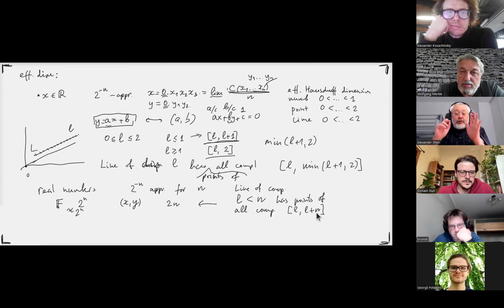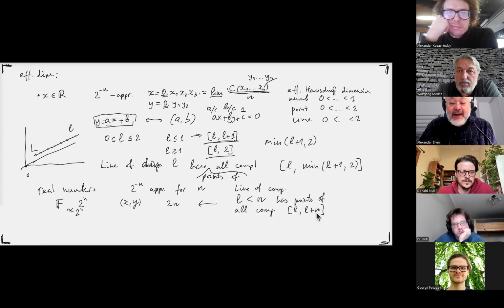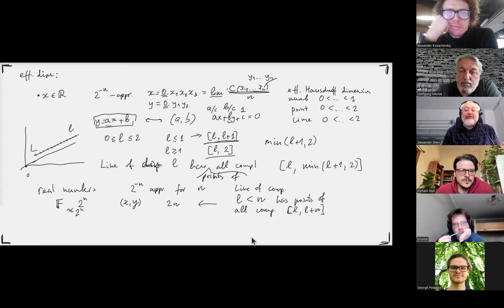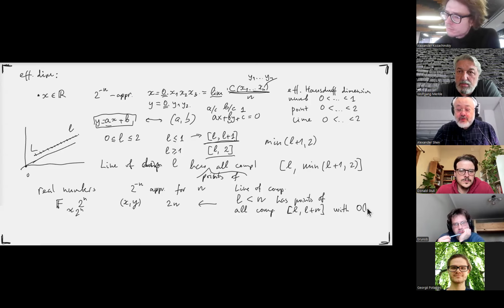So we have a field of 2 to the n elements. We can identify its elements with strings of n bits, and a line is a pair of strings, a pair of coefficients, and every line of complexity smaller than n has points of all complexities between this L and L plus n. Of course, it may happen that it's not literally all complexities, because it may happen that all complexities are even numbers. So it's with precision of log n usually.